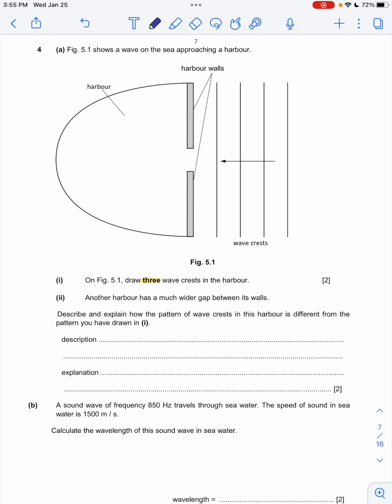So make sure that when you draw your 3 circular crests, your wavelengths are approximately the same as that from the incoming waves, because there is no change in depth.